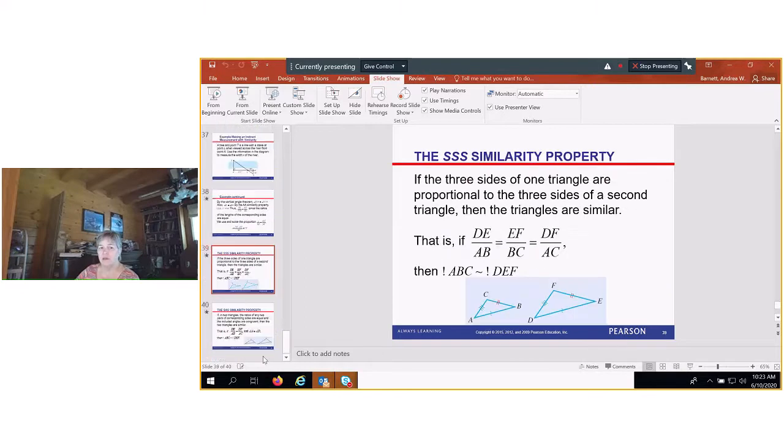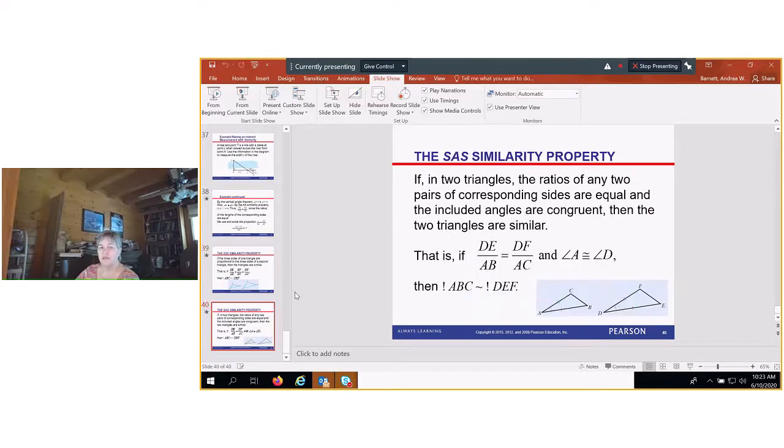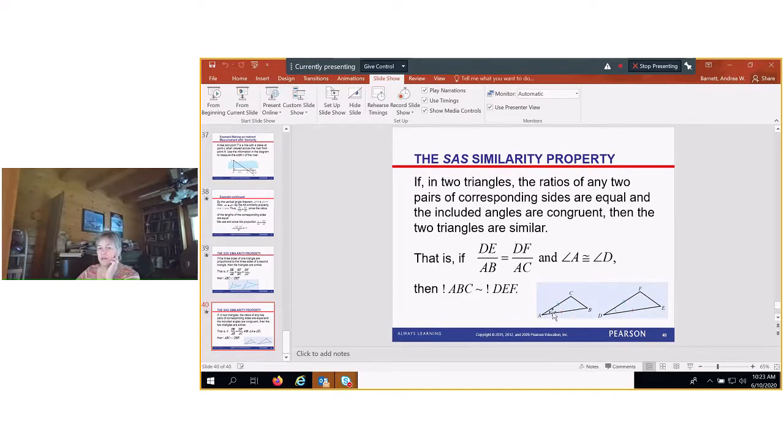The next one we did was side, side, side. And this one is going to be the side, angle, side similarity. So if we have two sides, and the angle in between those two sides is the same, then we know that two triangles are going to be similar to each other.